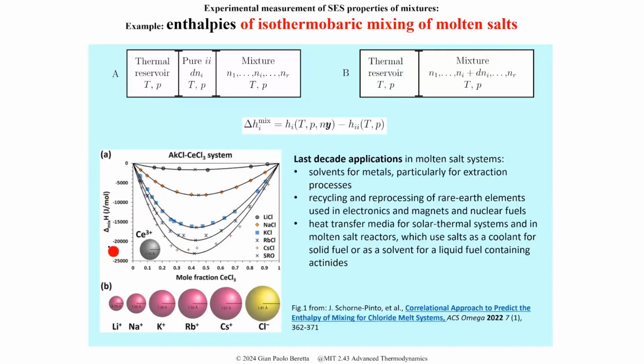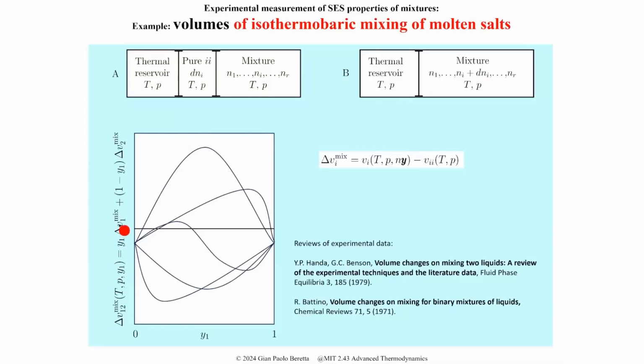this delta H. You can also do similar measurements for the volume of mixing. And here I sketched, I think this line should belong a little lower here to the 0 level.